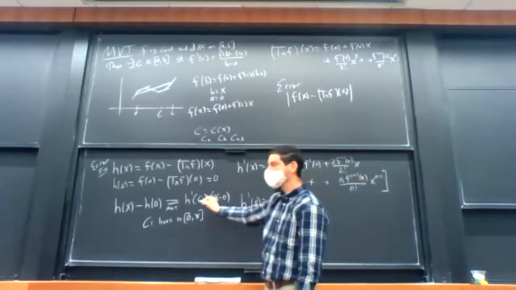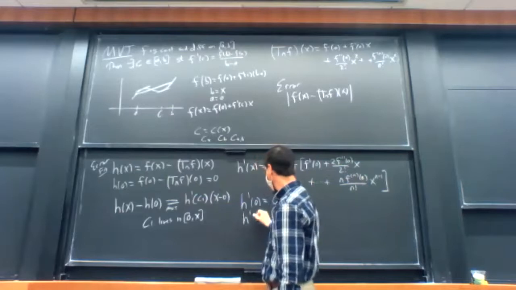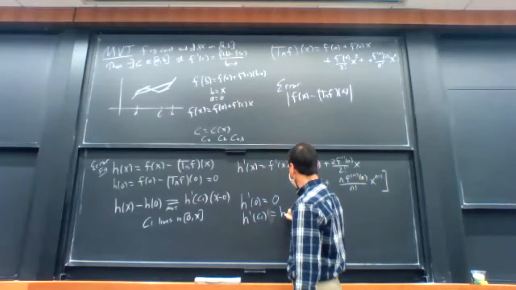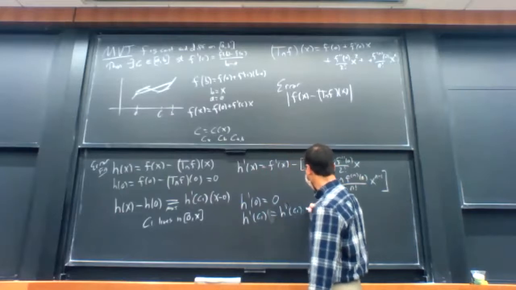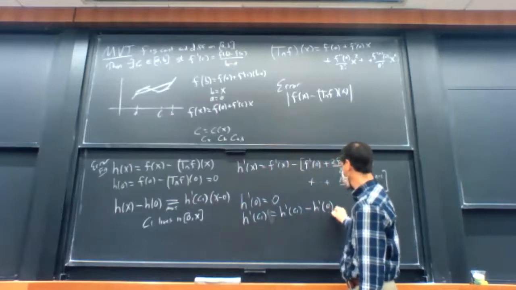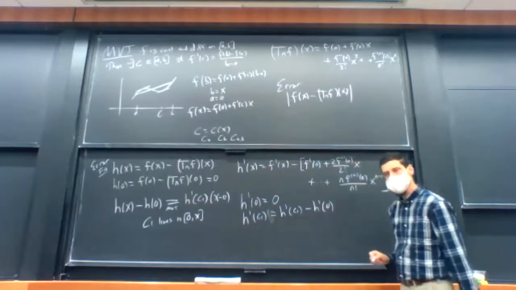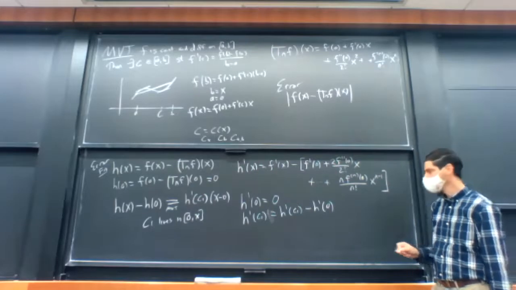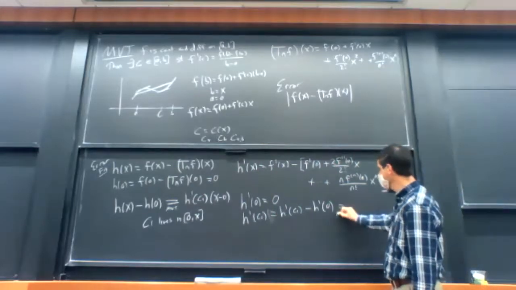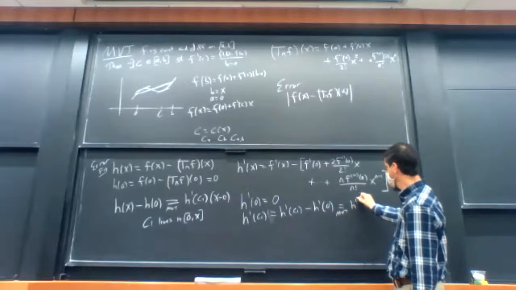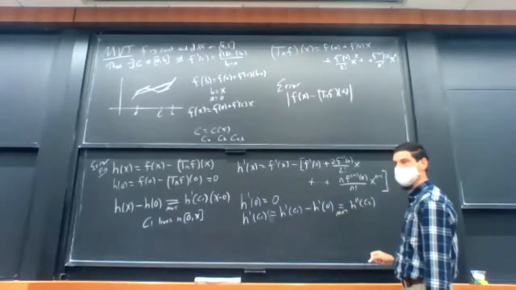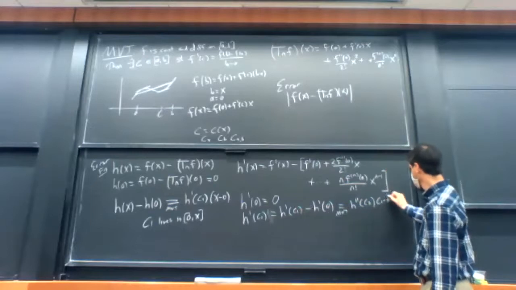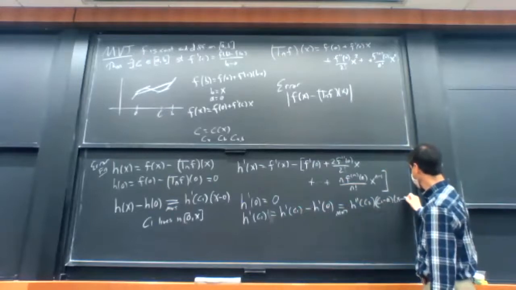So if we want to understand how large h prime of c1 is, h prime of c1 is equal to h prime of c1 minus h prime of 0, right? I've just subtracted 0. And what does that equal? By the mean value theorem, it's going to be h double prime of some c2 times c1 minus 0 times x minus 0.